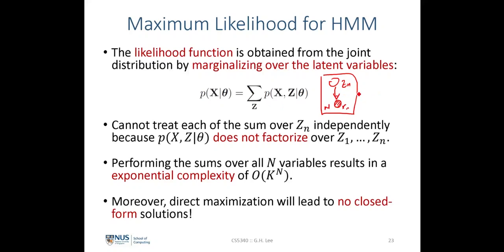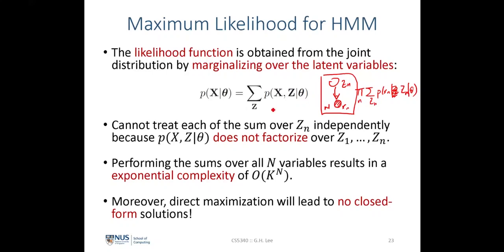Hence, in that case, we can actually write this marginalization into the marginalization of Zn of p(xn, Zn conditioned upon theta), and the product term over all the n observations.